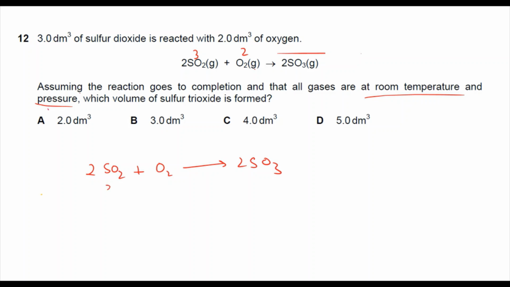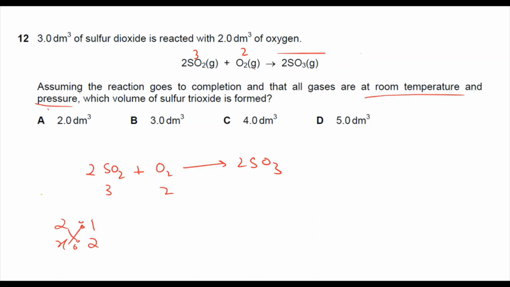So I have 3, let's say, moles of this, 2 moles of this. Now let's forget about these and see that the ratio between sulfur dioxide and oxygen is 2:1. So this means if I have 1 mole of oxygen, I should have 2 moles of sulfur dioxide. So now let's say I have 2 moles of oxygen.